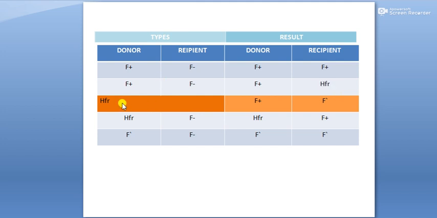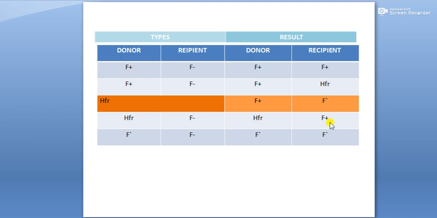In case of Hfr, it may be converted to F plus and F minus, F prime also. So when Hfr is a donor and the recipient is F minus, the donor cells remain Hfr and those F minus cells are converted into F plus. Yes, there is a possibility of F minus becoming F plus.